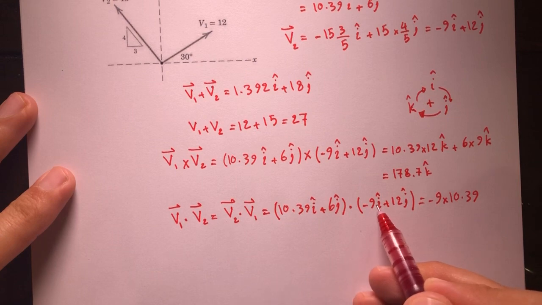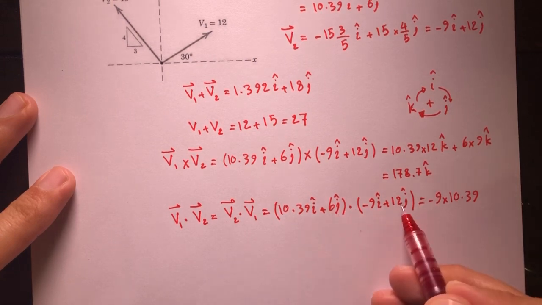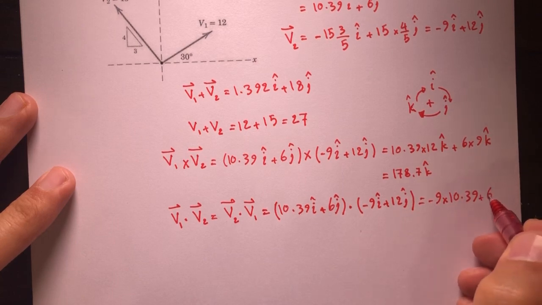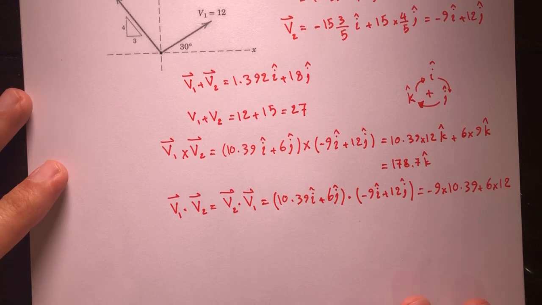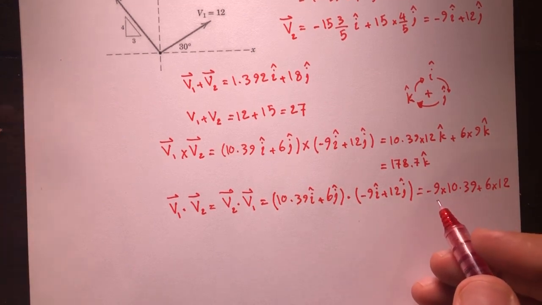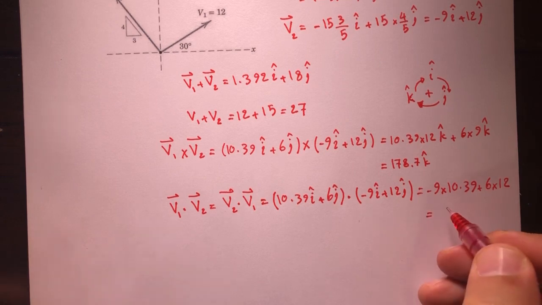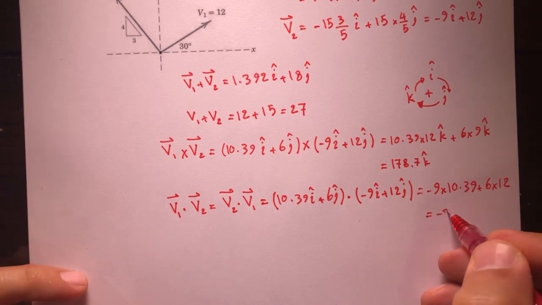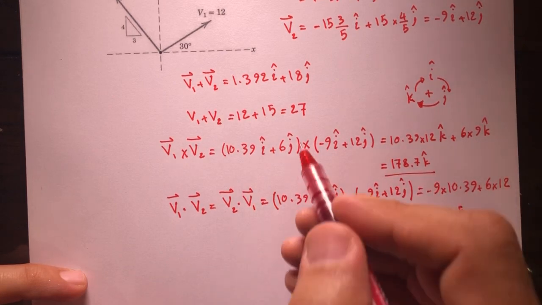Then j dot I is 0 again, and j dot j is 1. So I'm going to have 6 times 12 from here. And this is a dot product, so the result is going to be just a scalar, right? So if you calculate these numbers, this is going to be equal to negative 21.5. These are the results.